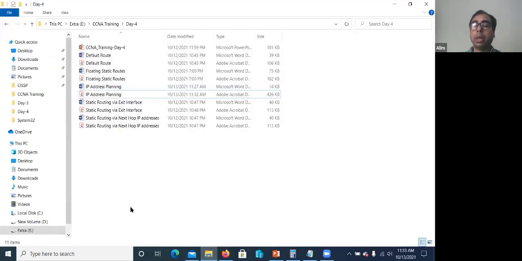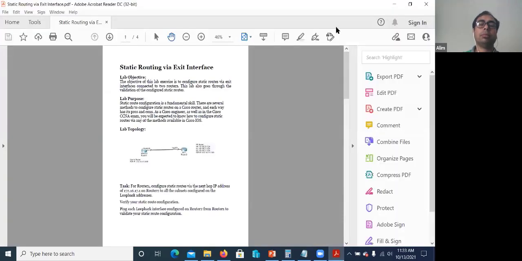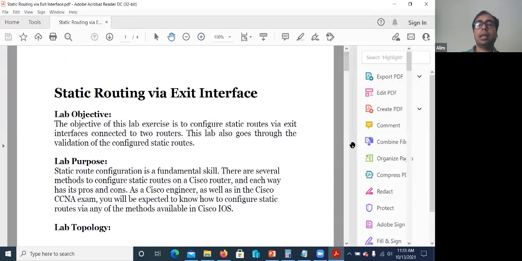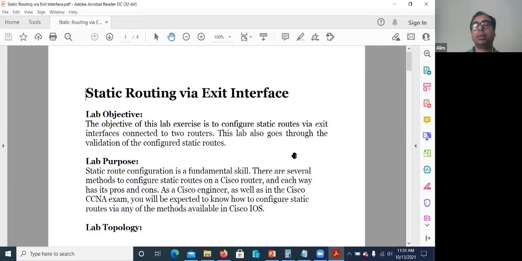Okay, very quickly we'll complete some interesting topics. Static routing. Can you see another lab PDF? Yes, sir.